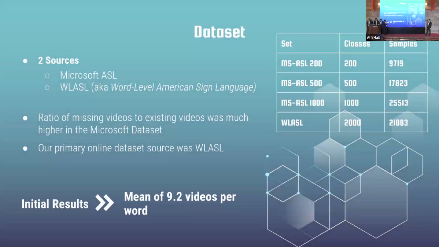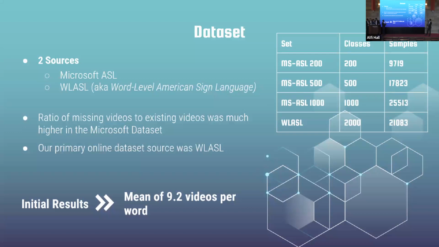Okay, so moving on to the dataset, we primarily had two datasets to choose from in our thesis project. First, we had the Microsoft ASL, and second, we had the WLASL, which stands for Word Level American Sign Language. As you can see in the table on the very right, we have multiple variants of the Microsoft ASL: MSASL 200, MSASL 500, MSASL 1000, and finally we have our WLASL.